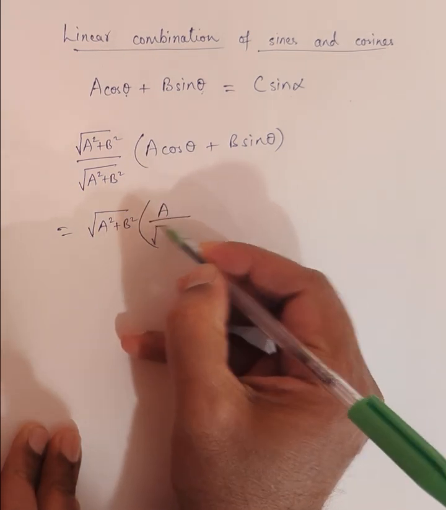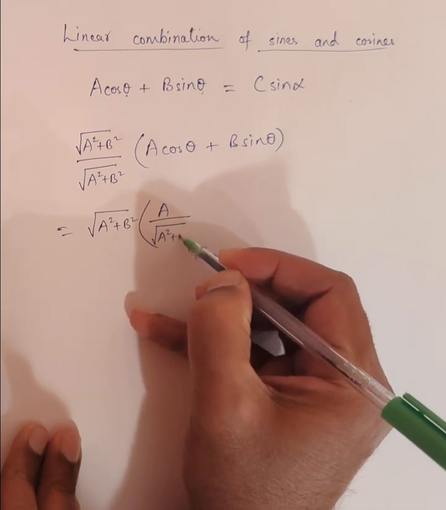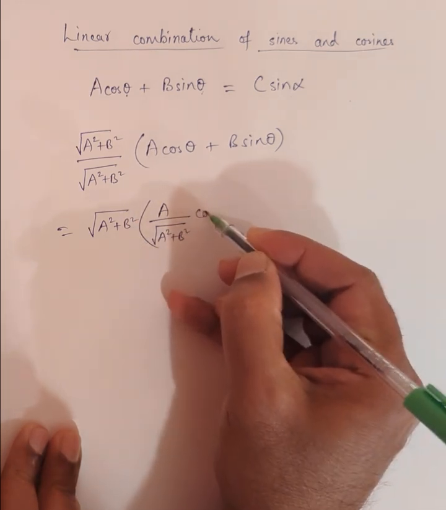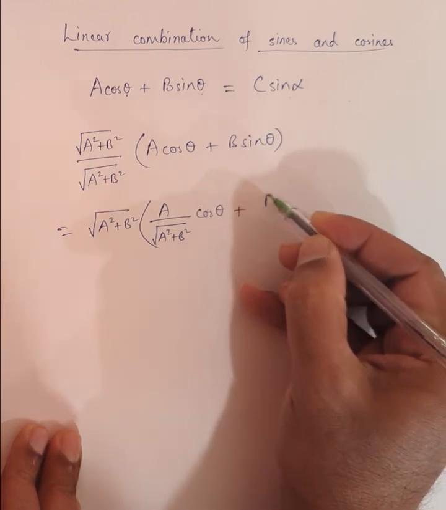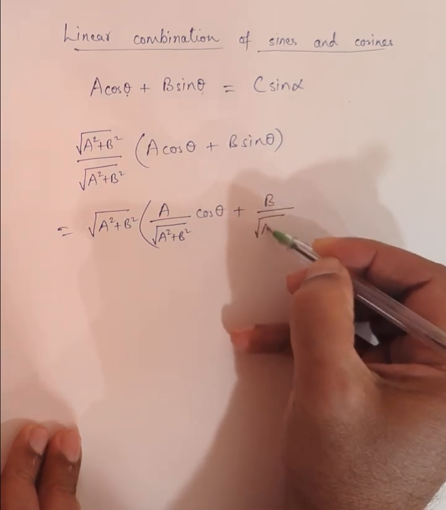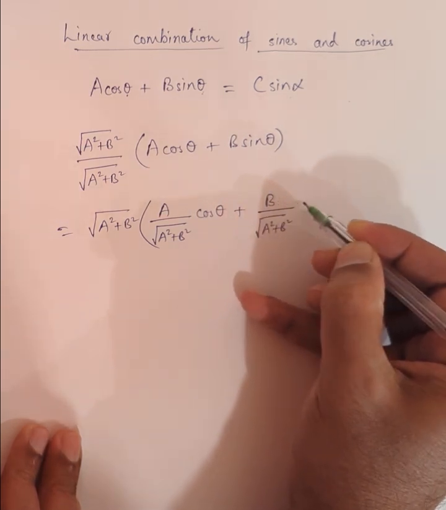And I'm going to rewrite it as a over square root of a square plus b square cos theta plus b over square root of a square plus b square sine theta.